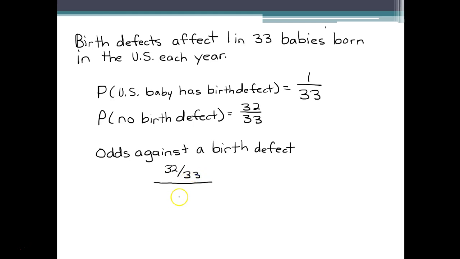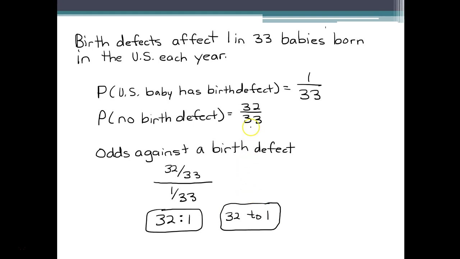And then success is probability of having a birth defect. In this case, success is a bad thing. The 33's reduce out, leaving you with 32 to 1. Or you could write 32 to 1. But notice the difference. 1 in 33 gave us probability. 32 to 1 gives us odds.